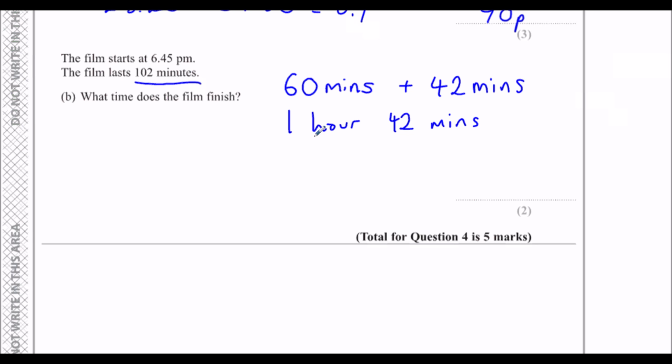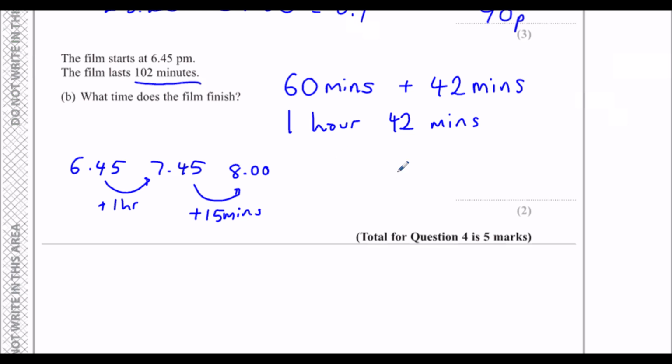So we're going to add that on. So you're at 6:45. If we add on 1 hour, that will take us to 7:45. Then we've got 42 minutes to add on. So I'm going to add on 15 minutes first. And that will take me to 8 o'clock. How much have I got left?